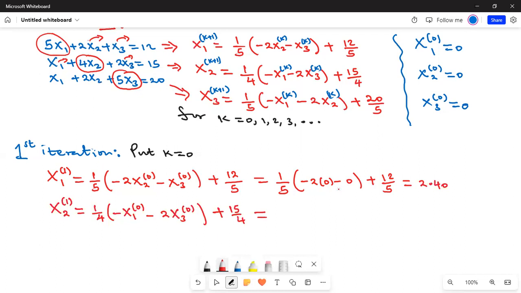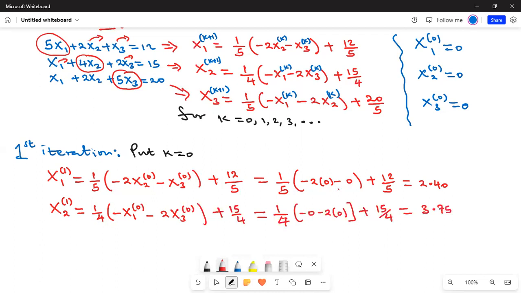And so when I substitute, I'm going to get 1 over 4 times minus 0 minus 2 times 0 plus 15 over 4, which will give you 3.75.